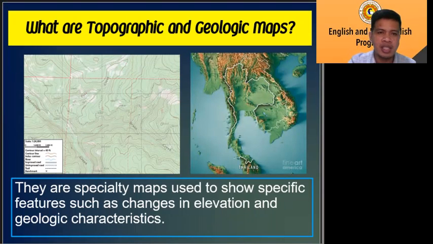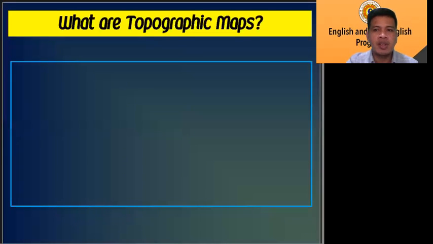As you can see here, this one is different from the common type of map that we know, right? So again, we're going to focus on topographic map first, okay? And then later, maybe tomorrow and on the succeeding days of our lesson, we're going to continue with geologic map, okay?